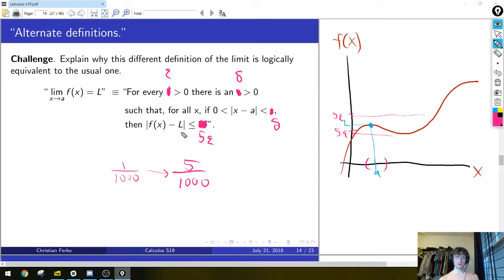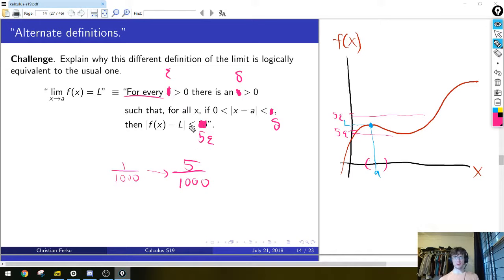So naively it seems this is less precise. But the key is for every epsilon.